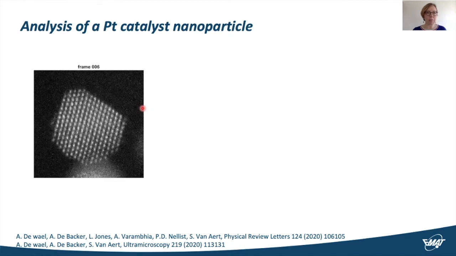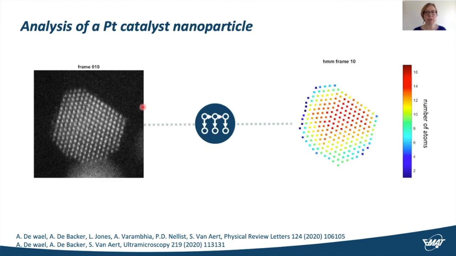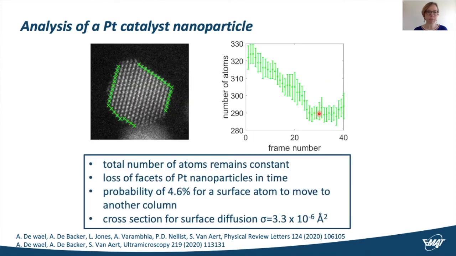Here we applied the method to an experimental time series of images of a platinum catalyst nanoparticle using the hidden Markov model, and this clearly shows how the number of atoms changes over time. From these atom counts, we can see that while the total number of atoms remains constant, the number of atoms in the facets indicated in green decrease under the electron beam, indicating that the nanoparticle loses its faceted structure.